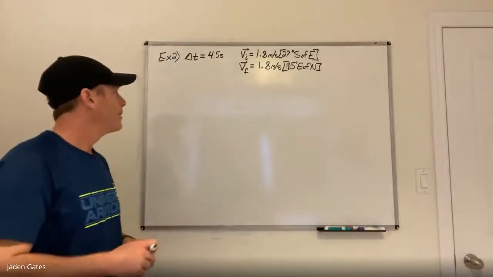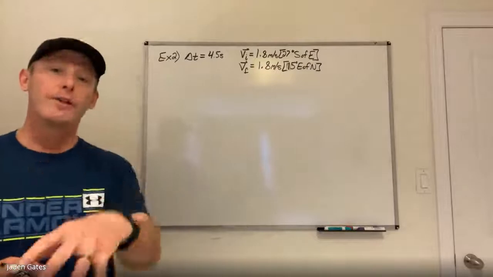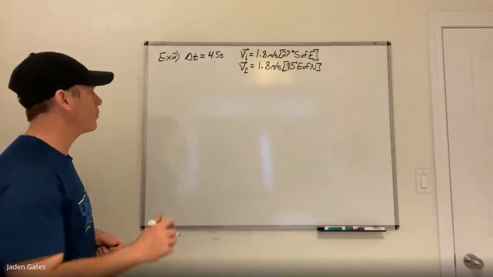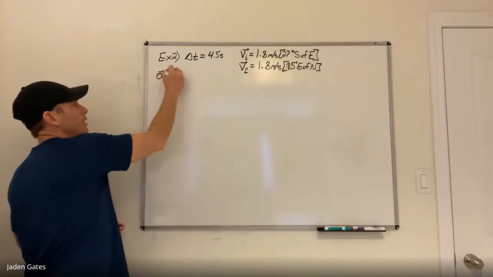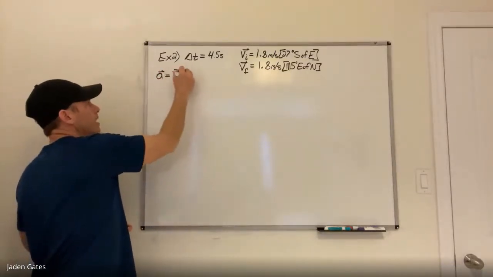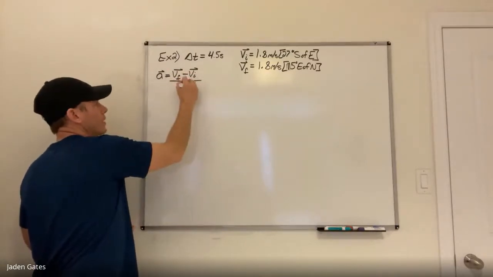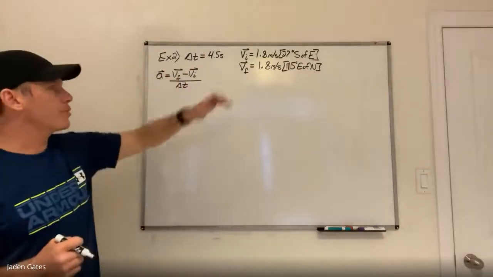Here's how this one's changing a little bit. We're going to use a lot of the same skills as before, but the initial part is a little different. My acceleration formula is VF minus VI all over delta t. Now I'm going to substitute into my formula.